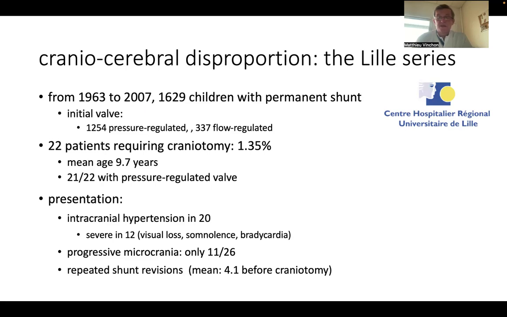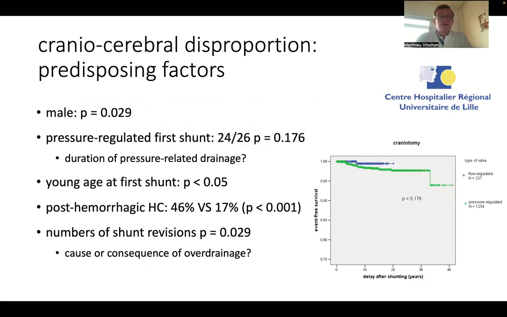And also another feature which was important is that they require repeated shunt revision, probably because of the vicious cycle exposed below. So the mean was 4.1 reoperations before craniotomy. The predisposing factors were to be male, have absolutely no clue why it is so.